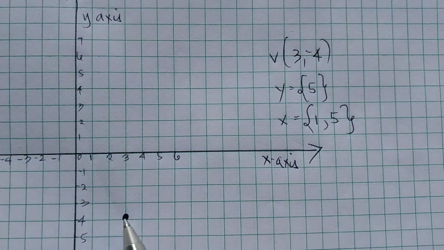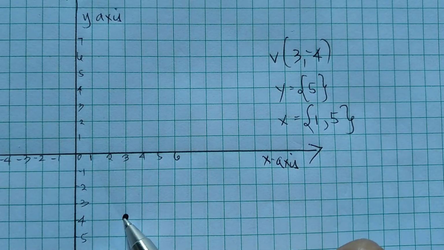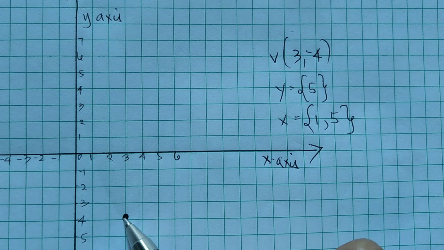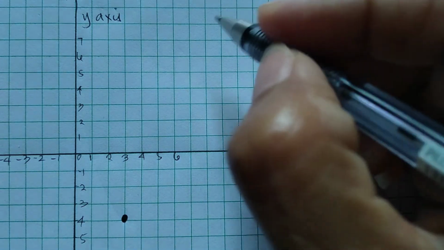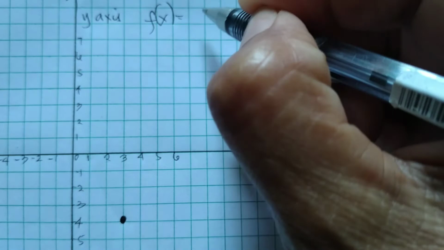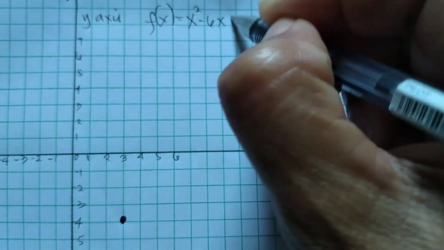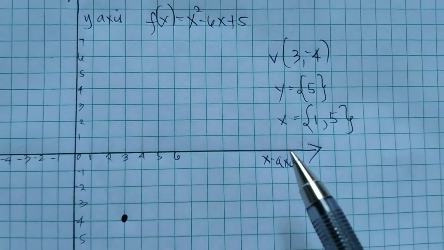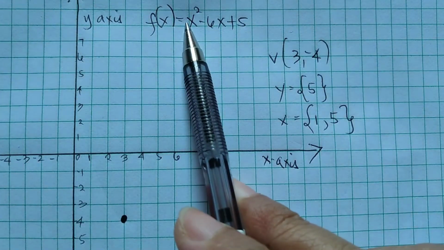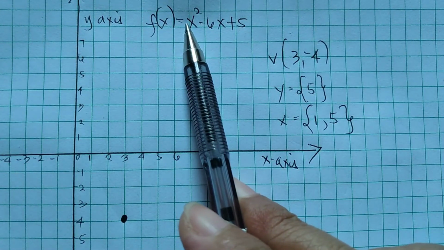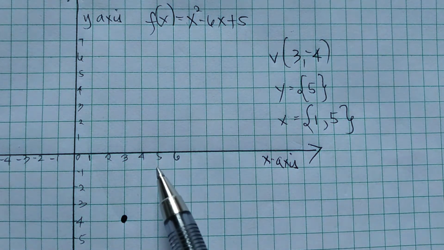This is our vertex. And the opening of our parabola is upward since the value of our a in the function f of x is equal to x squared minus 6x plus 5 is positive 1. You look at the value of our a, so that means our parabola opens upward.